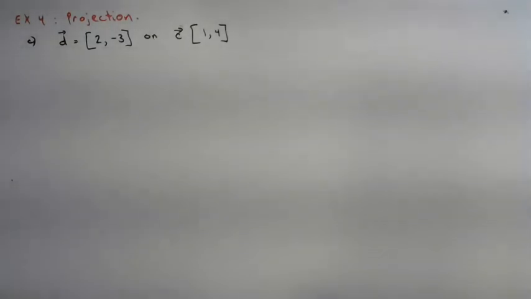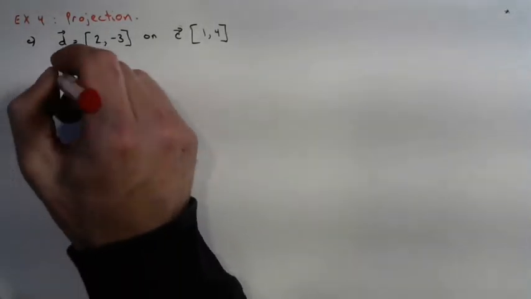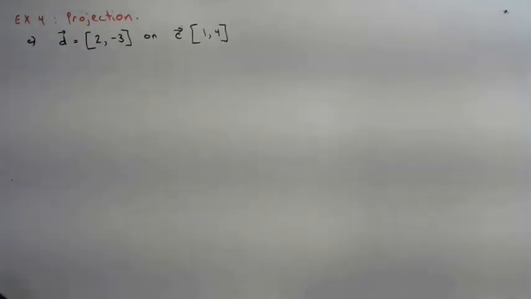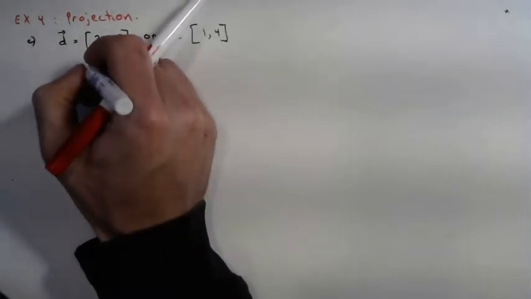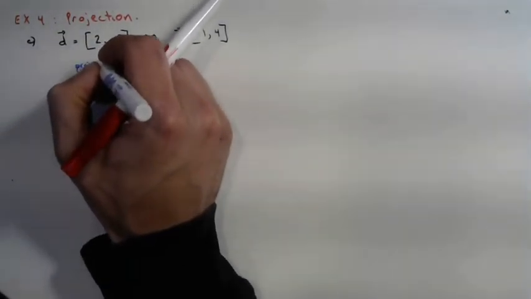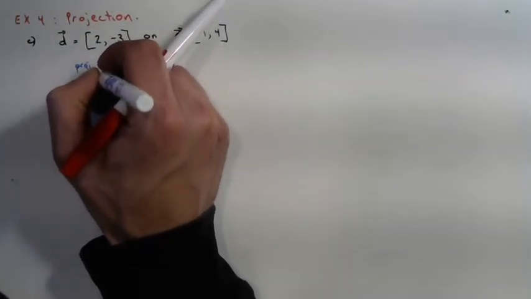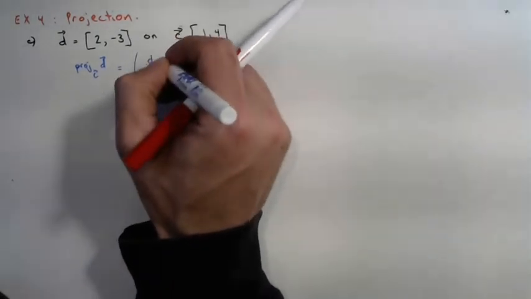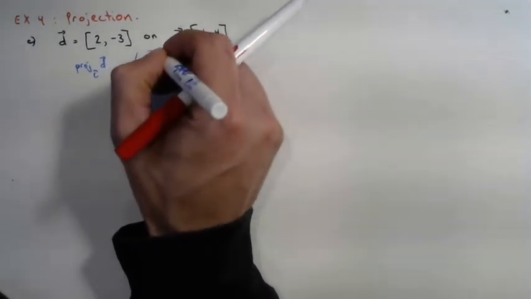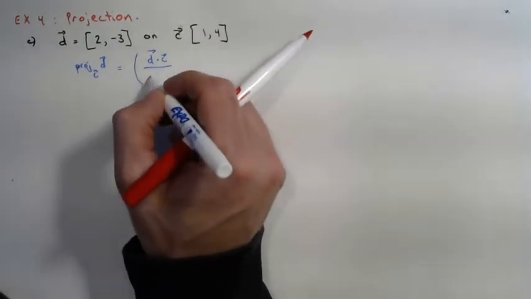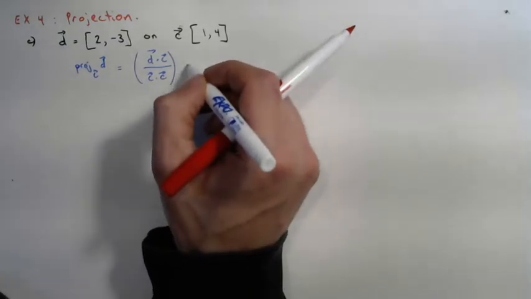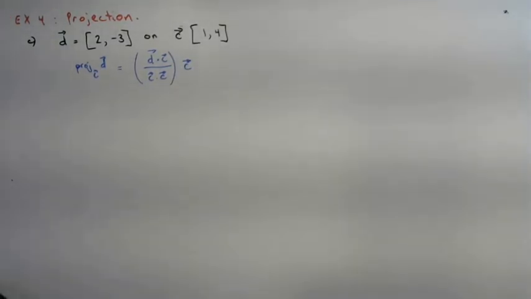All right, so now the projection of D onto C is equal to D dot C over C dot C times vector C. Let's talk about where that comes from.